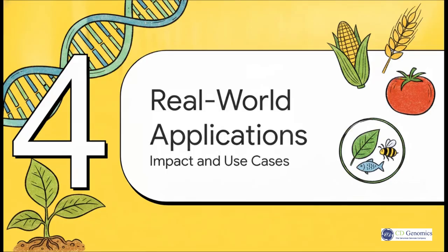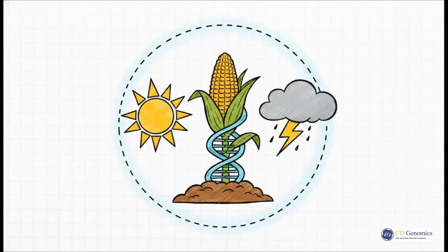All right, Section 4, Real-World Genotyping Applications. We know what it is, and we know how the machines work, but why does reading millions of DNA letters actually matter in the real world? The impact here is literally world-changing, especially when we talk about agricultural research. By integrating these microscopic molecular variations with observable data, agricultural scientists aren't just guessing anymore when they breed plants.